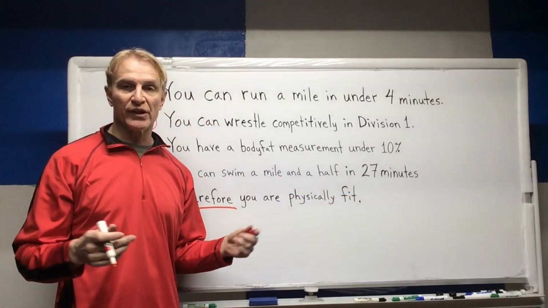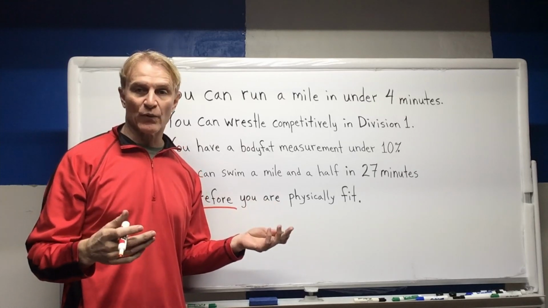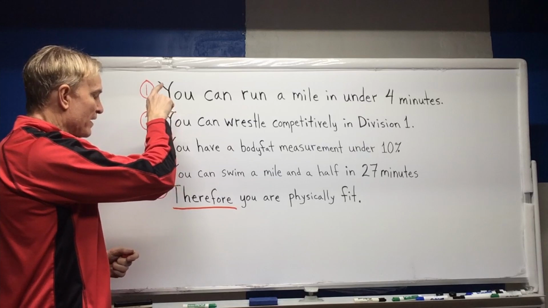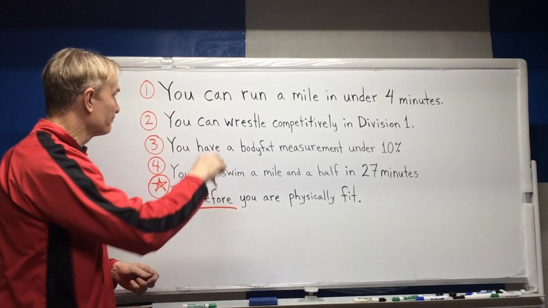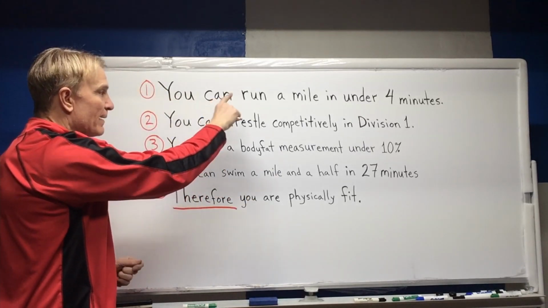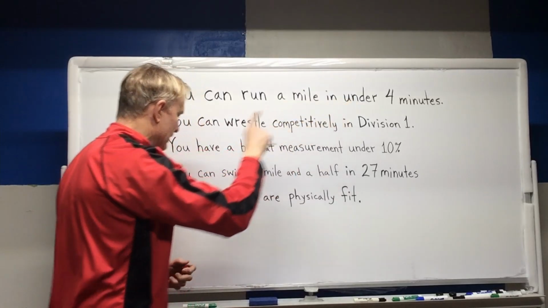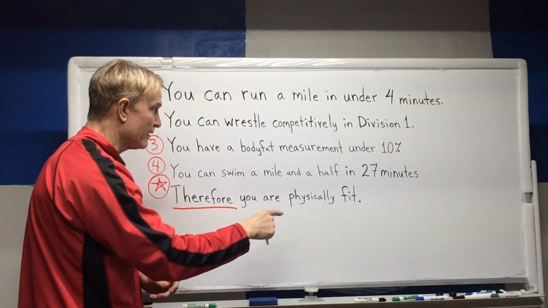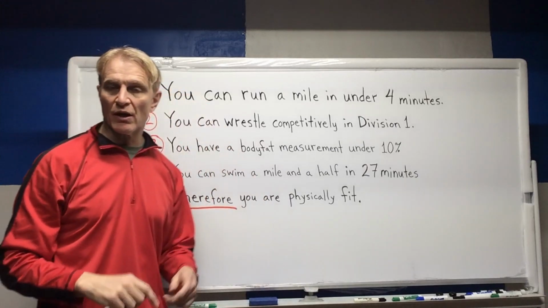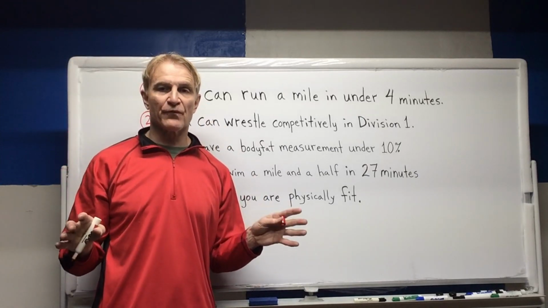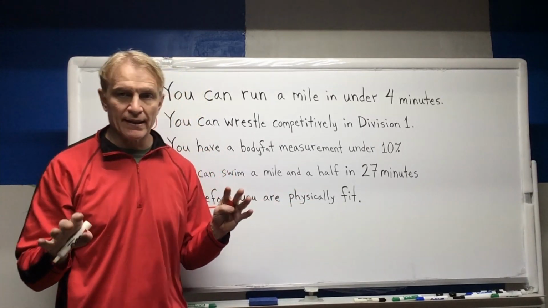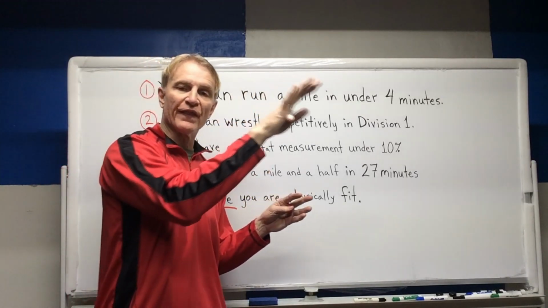So the way I like to do it is I like to read them as if they were independent. So I'm going to read the first statement, and then I'm going to run it into the therefore. You can run a mile in under 4 minutes. Therefore, you are physically fit. That seems to support it all by itself. If someone can run a mile under 4 minutes, again, you may claim that, well, we need more information than that.